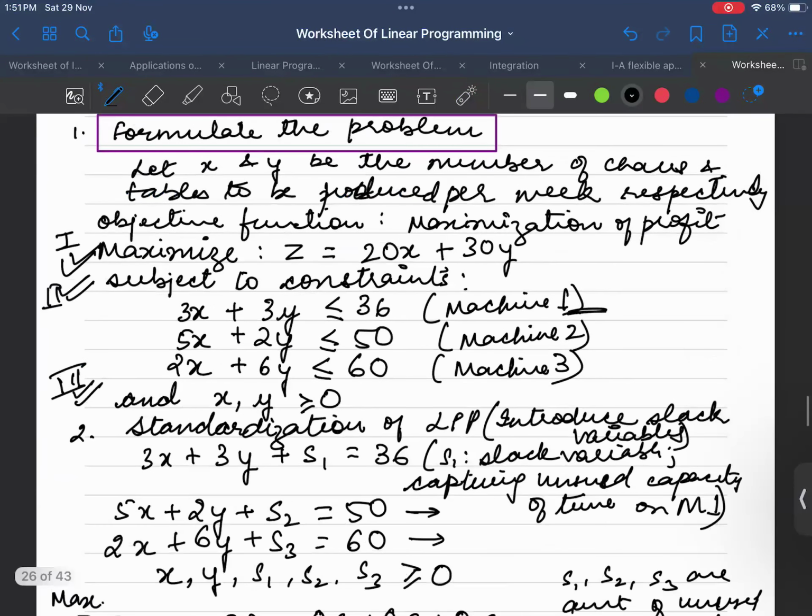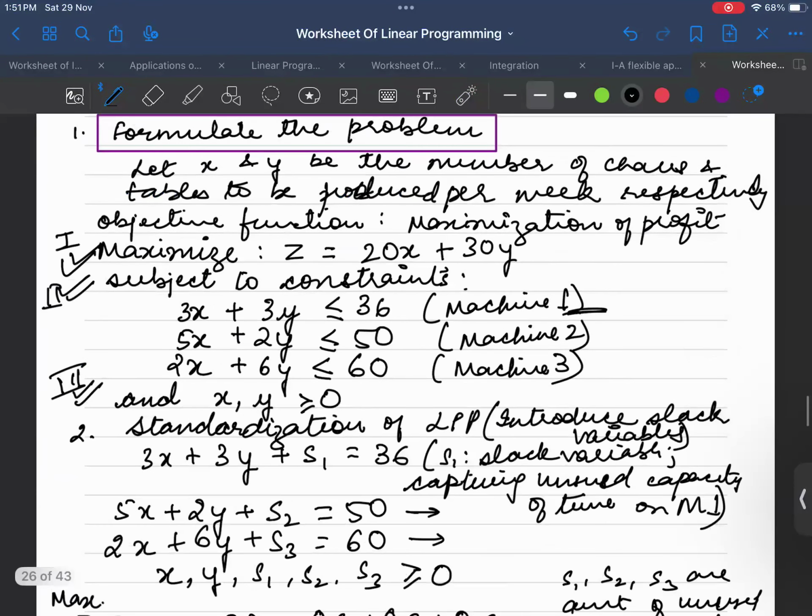Yes or no? So first of all, we have to calculate how many variables we have in the standardized form of LPP, not the basic one, but the standardized one. We know there are 4 variables, right?